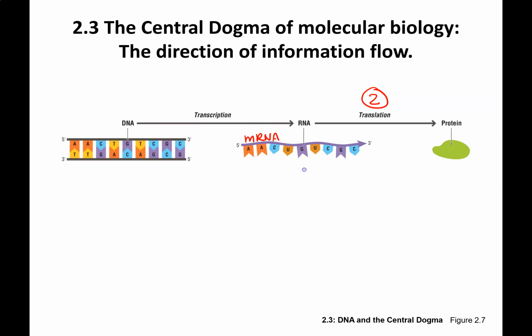During this process, we are going to use our RNA to make an amino acid chain. That amino acid chain, also called a polypeptide, is going to be folded and processed into a functional protein. Now that protein is what gives us our phenotype.